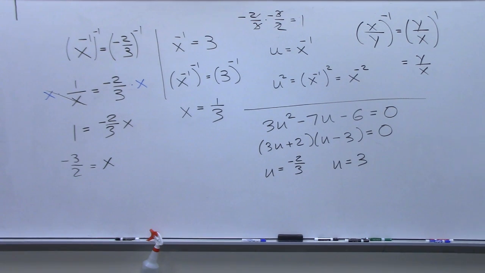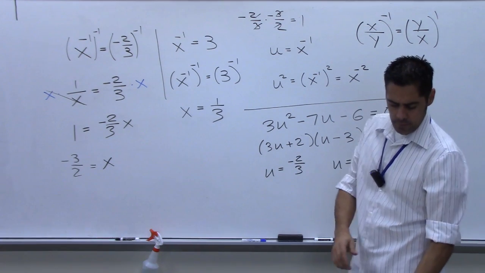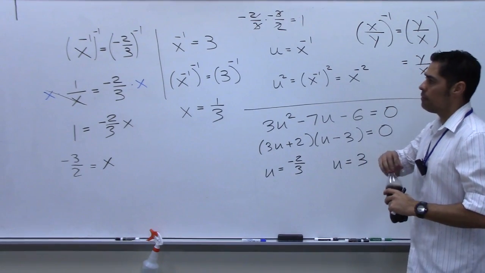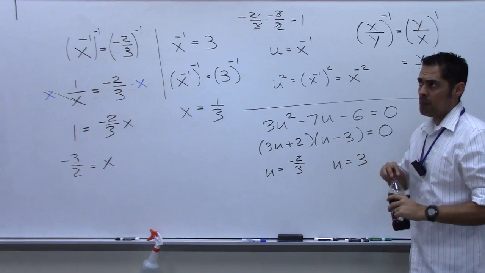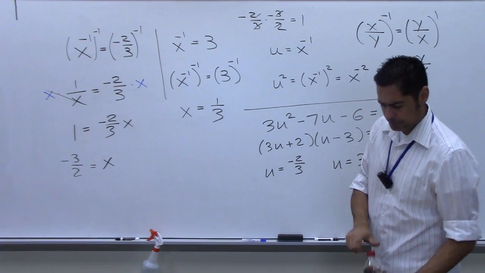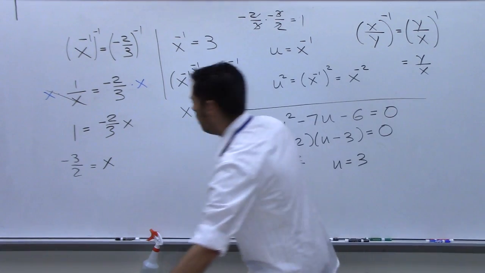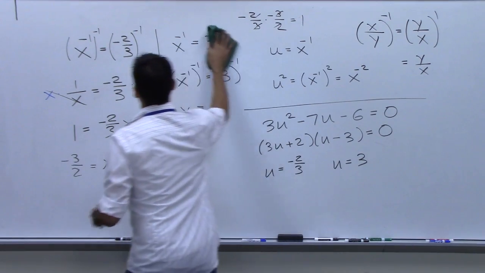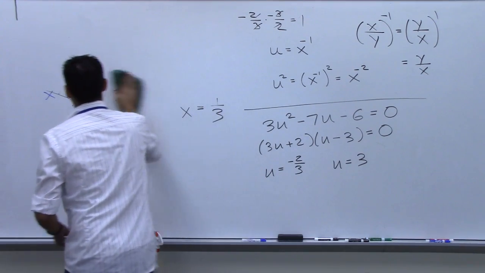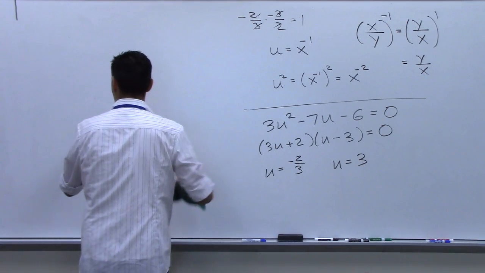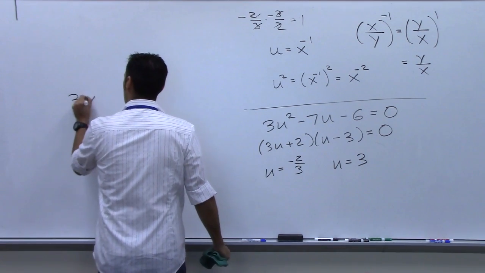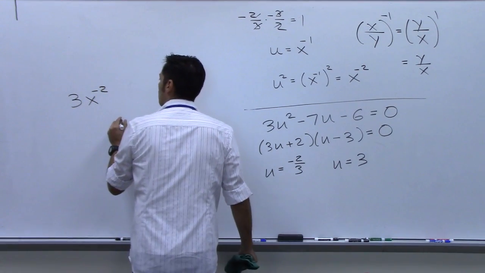Yes? Question. In the beginning of the equation, could we have multiplied those out to cancel out the negatives? Could we have done that in the beginning? What did you multiply by? Well, like if 3x to the negative second power, could you times negative 1 to make it 3x squared?